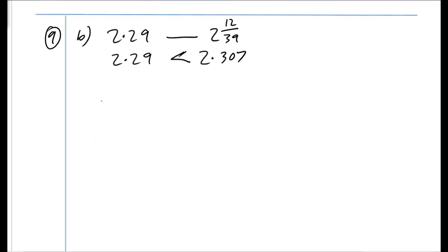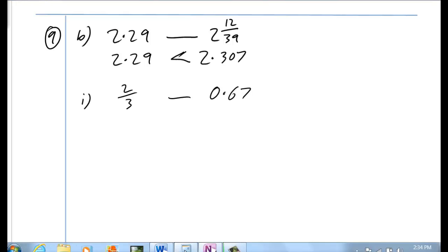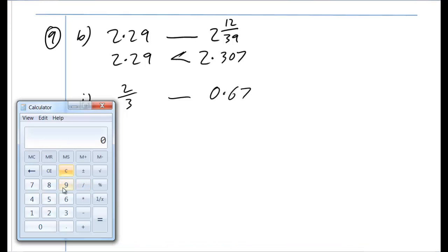Let's have a look at another one. Say you had I with number 9. You've got 2/3 and the number 0.67. We've got to convert 2/3 into a decimal. So if we just simply go 2 divided by 3 equals, that's 0.6666666.